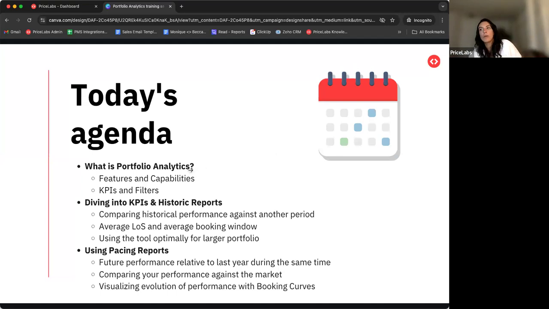So we're going to cover a little bit more in detail about what portfolio analytics can do, features, capabilities, what the KPIs are that you can view, what filters you can view. Then we'll take a little bit more of a deep dive into the KPIs and the historic report section. And then we'll talk about the pacing report section. There are 2 sections within portfolio analytics, and I will show you both of them.